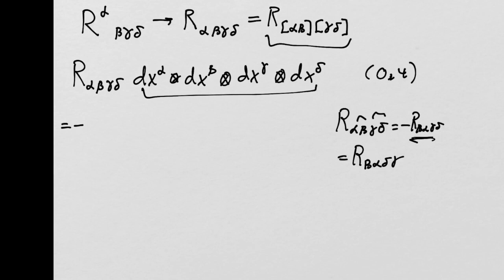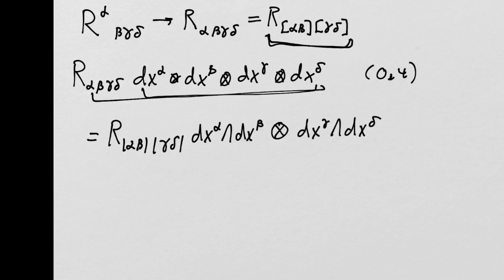So what I can actually do is take this and write it in strict components, and I could say that this same tensor also equals this. So in our method where we keep the basis vectors, if we want to think of this in terms of strict components, it's really not that hard, because we have a 2 form which matches the strict component of the first part here, tensor product with a 2 form with the second 2 components.